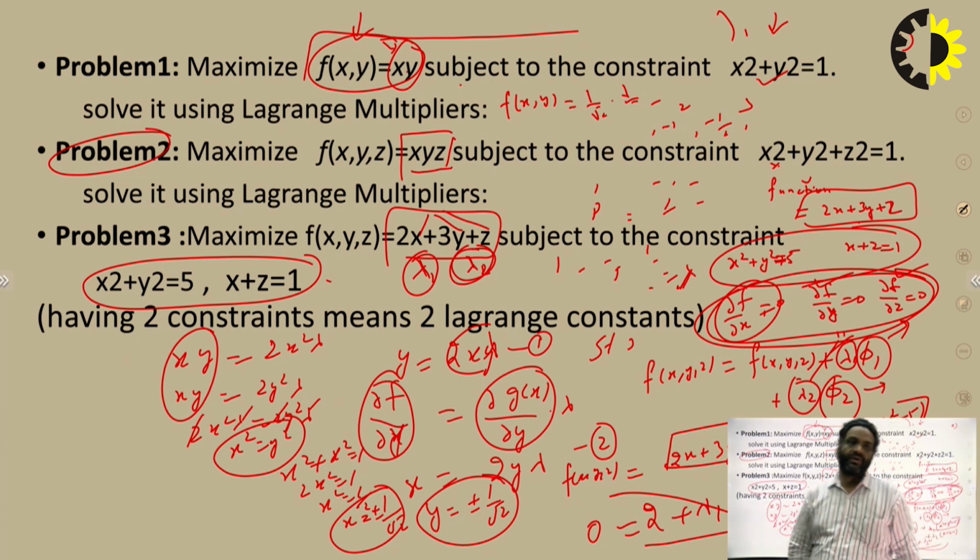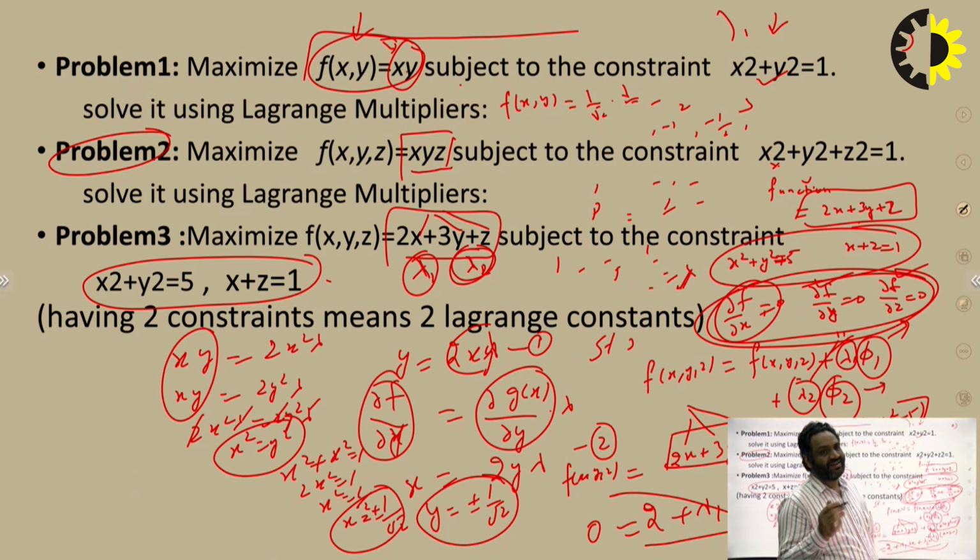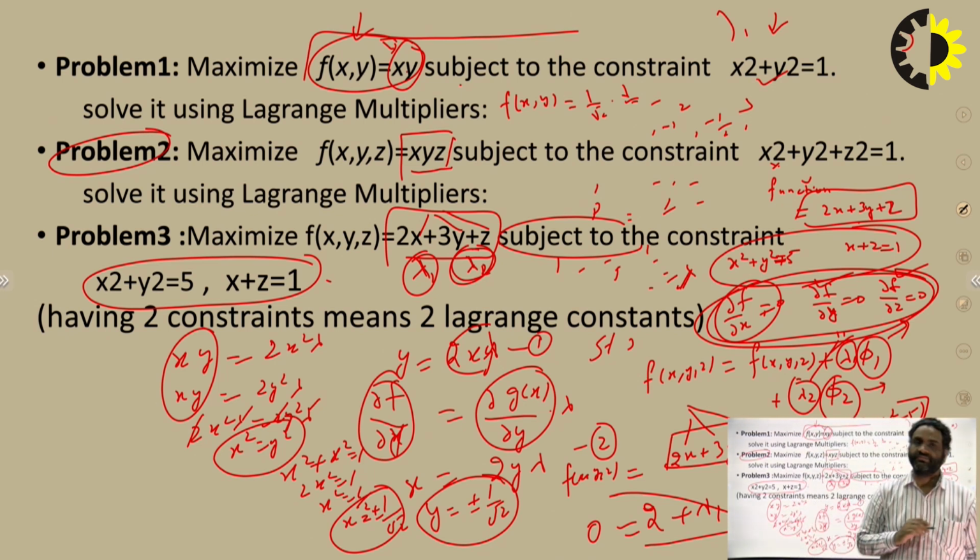We solve these to get the values of lambda 1 and lambda 2, and when we get the values of lambda 1 and lambda 2, then we are able to find the values of x, y, z, and then we have 8 different point values. On taking these 8 different point values, we are able to find the optimal solution of this objective function under the given constraints.